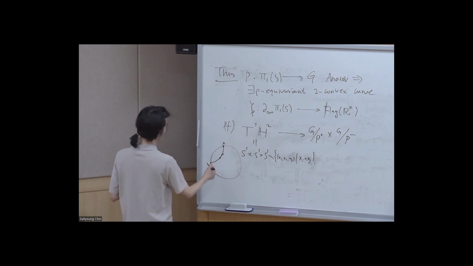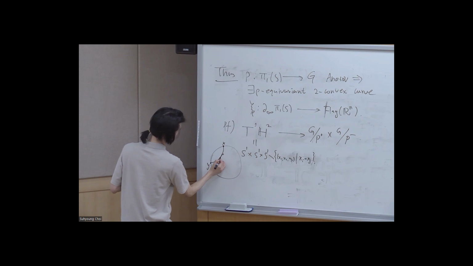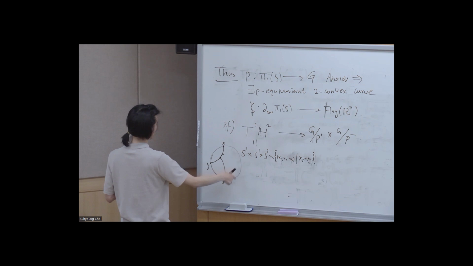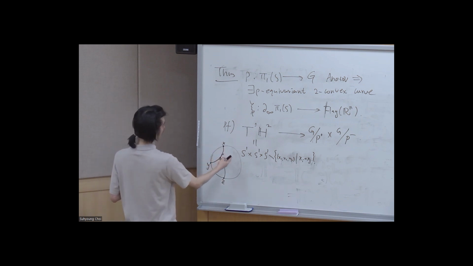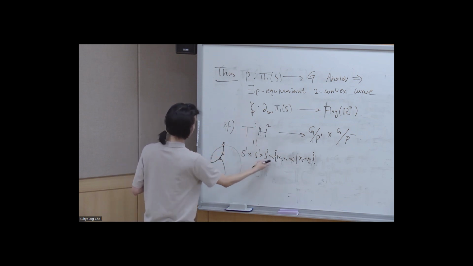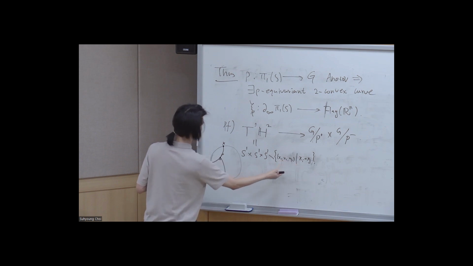This specifies a single geodesic, but we need to specify this point. To do this, we draw a perpendicular geodesic here, and this gives you a z, another point. We assume that this is cyclically ordered. This way, we can identify a single element here with a triple of S1 points, with the diagonal being removed.